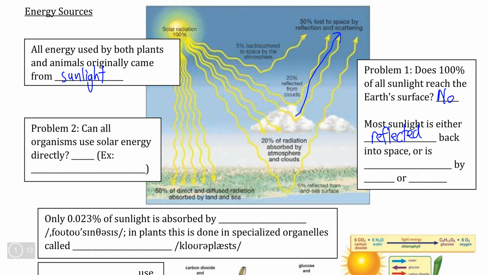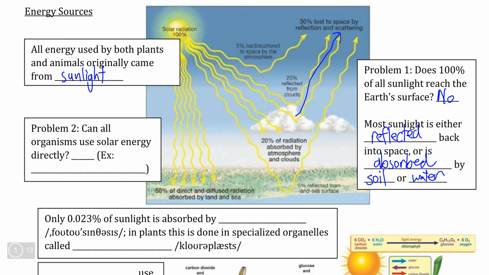But even the energy that makes it to the surface of the Earth, energy that is not absorbed directly by plants, it's more likely for that energy to be absorbed either by the soil, so either by the ground that contains no living matter, or by water. So remember, 70% of Earth's surface is water, and if the sunlight is absorbed directly by the water, that means a plant won't be able to use it.